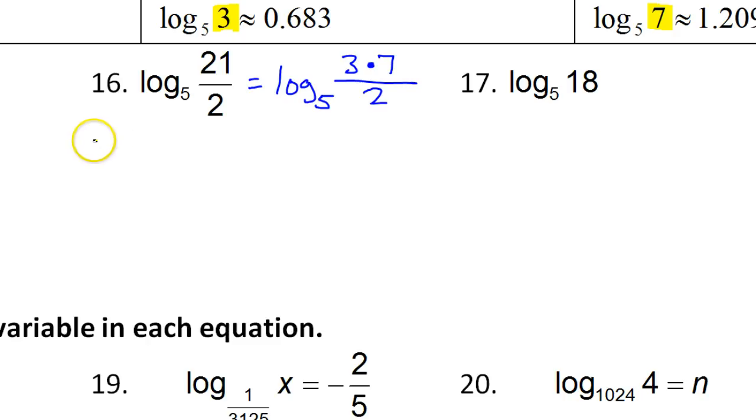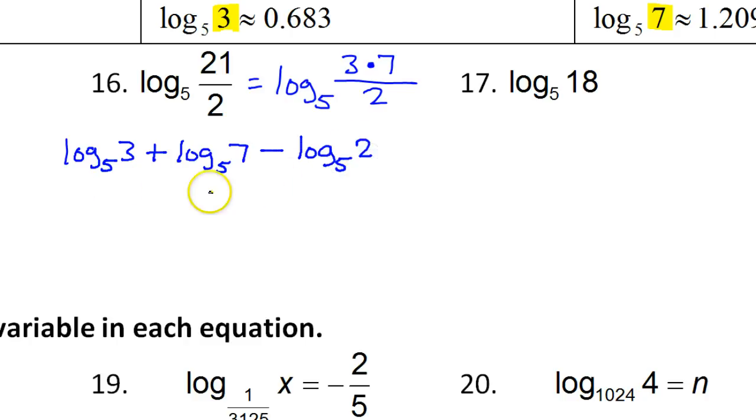So this would be the same thing as having log base 5 of 3, positive, and then this one will also be positive, so log base 5 of 7. Now this one in the denominator will be negative, so negative log base 5 of 2. That allows us to do it all in one shot. Now all three of these things are things that were given.